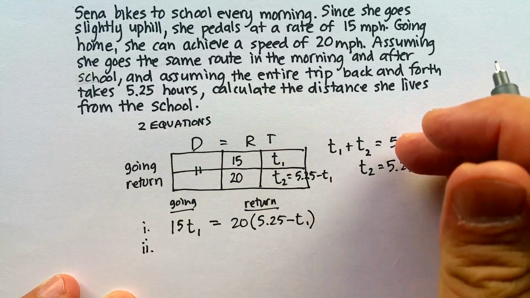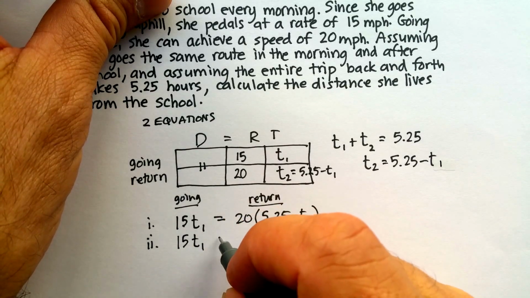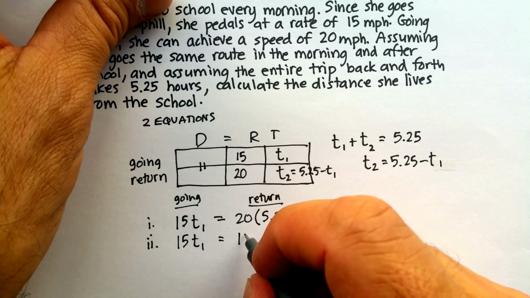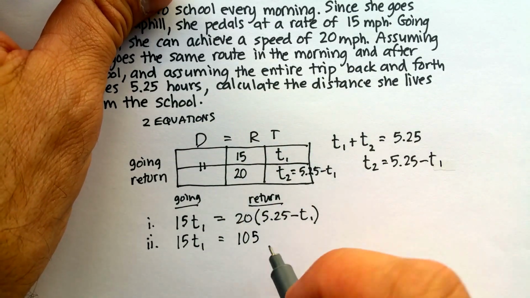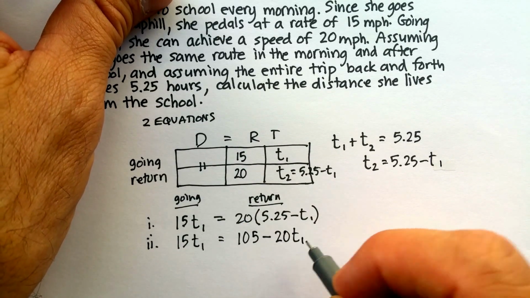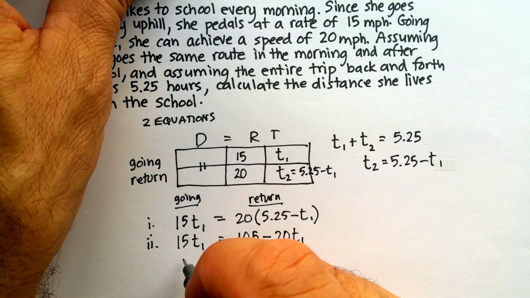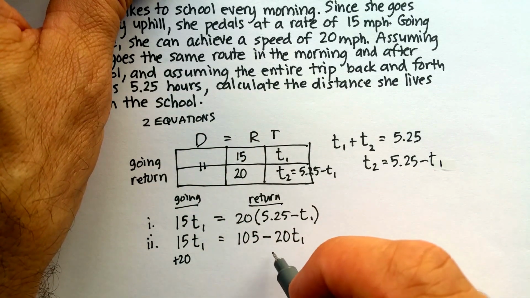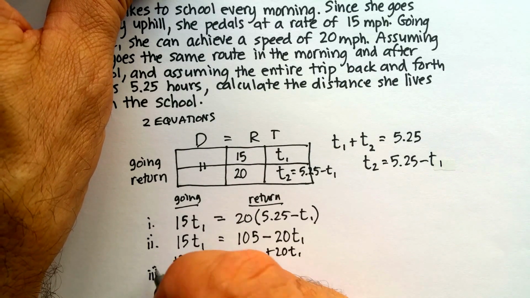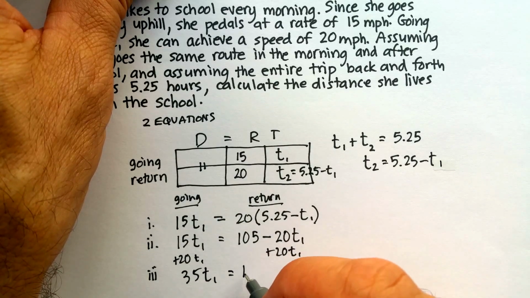Let's use our Roman numerals. So 15 times T sub 1 should be equal to 20 times 5.25, which is 105, minus 20 T sub 1. Add 20 T sub 1 to both sides, and you'll get step 3, 35 T sub 1 is equal to 105.